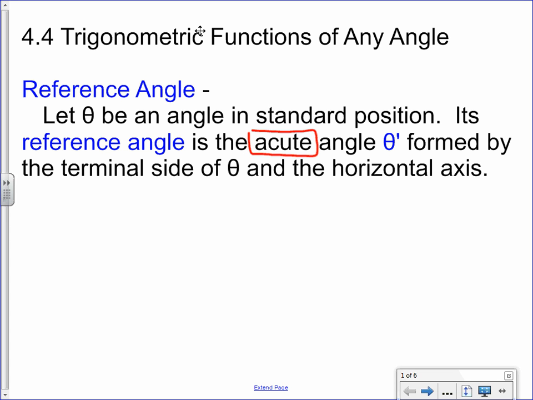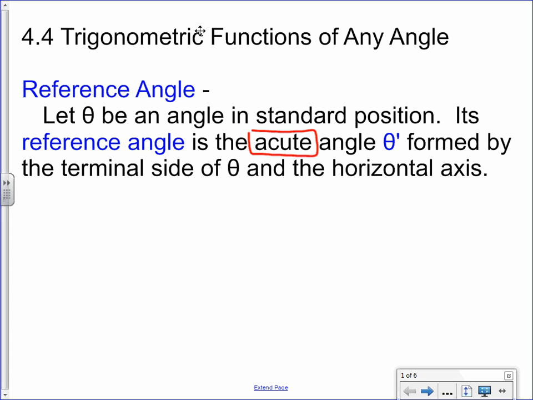What kind of angles are in right triangles other than a right angle? They're acute, okay? If our reference angle is acute, we can use it to make a right triangle. That's the point of it being acute. We will use reference angles to help us evaluate angles that aren't acute. Evaluate trig functions of angles.